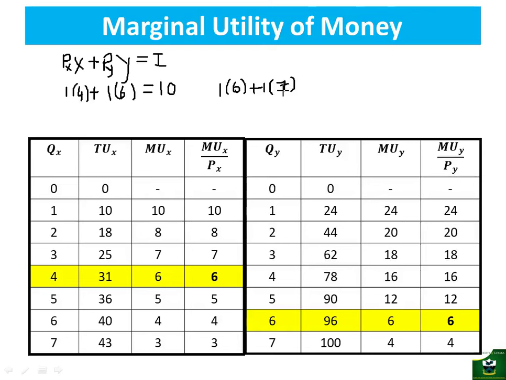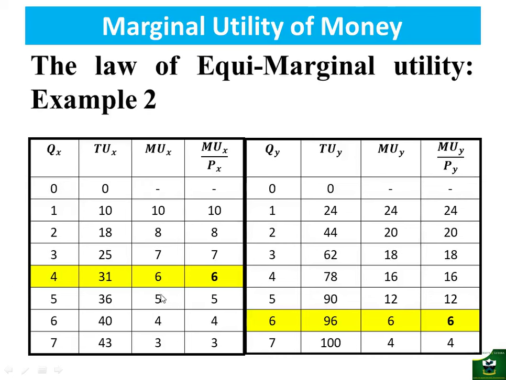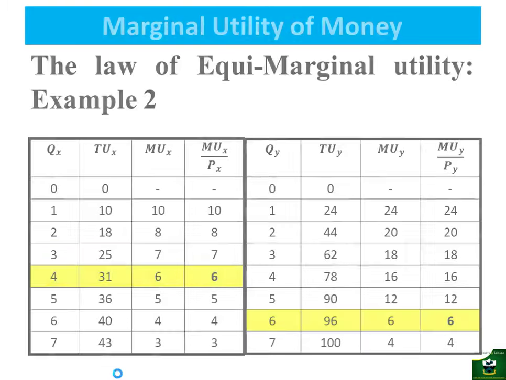Now when you add 6 plus 7, you end up with 13, which will be greater than 10. And therefore, this ratio here will not give us consumer's equilibrium. With this then, we can conclude therefore that the consumer's equilibrium occurs at the ratio of 6, where the quantity of X of 4 is consumed and 6 of Y is consumed.